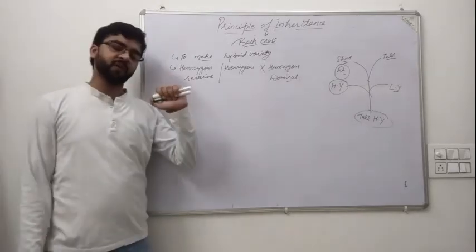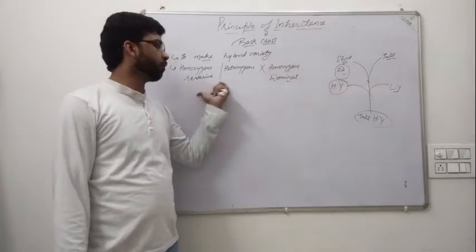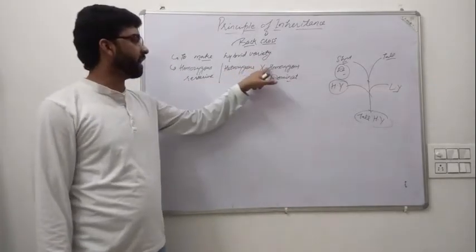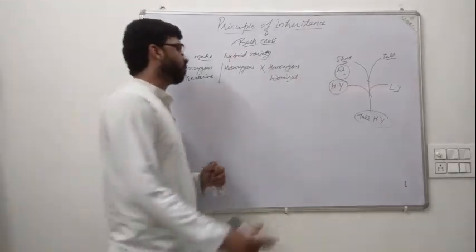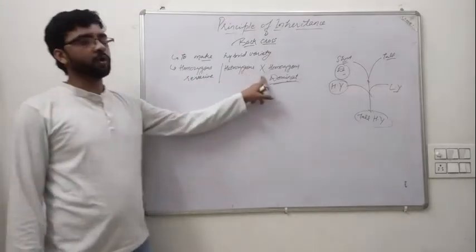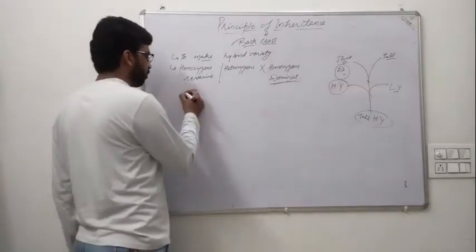In a test cross, we cross the unknown partner with a recessive parent. Here we cross with a parent with homozygous dominant character, because the dominant character suppresses the recessive character. So we do a cross.